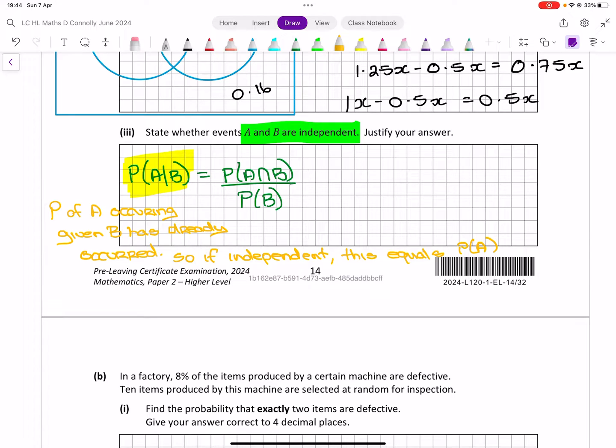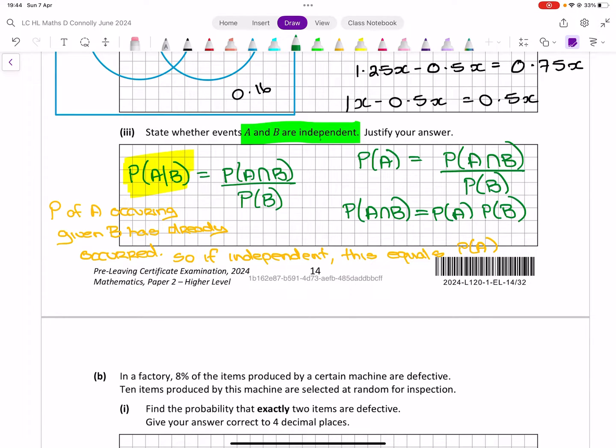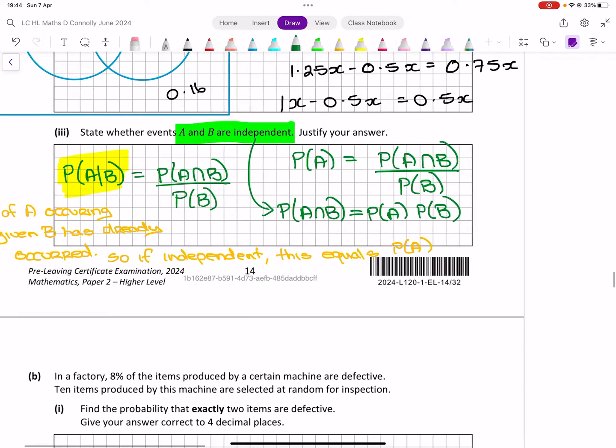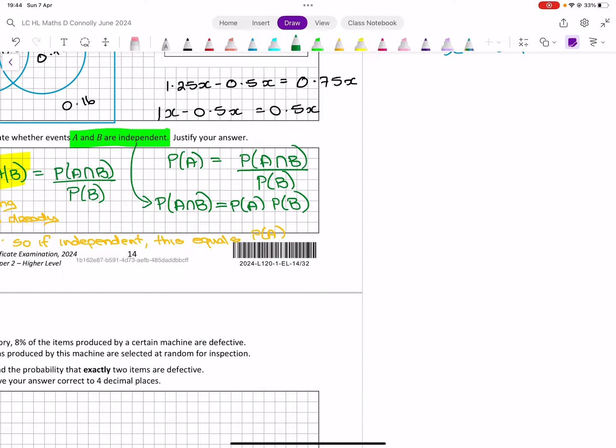So the probability of A given that B has occurred is the same as the probability of A. So then that gives us the probability of A equals the probability of A intersection B over the probability of B. And then I can rearrange that, like multiply across by the probability of B. So I get the probability of A intersection B equals the probability of A times the probability of B. And that's the formula that you can learn off. It just won't stay in my head.